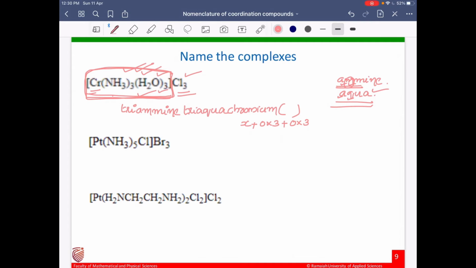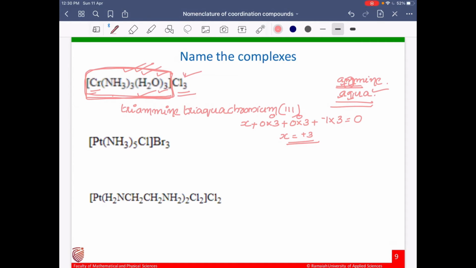Plus three Cl. We know that the charge of one chloride is -1. This equals 0, so the total should be 0. So X minus 3 equals 0, so X equals +3. So +3 means we have to put the Roman numeral III.